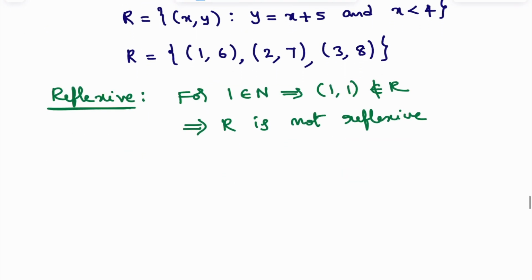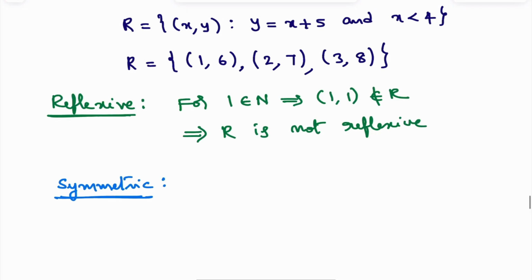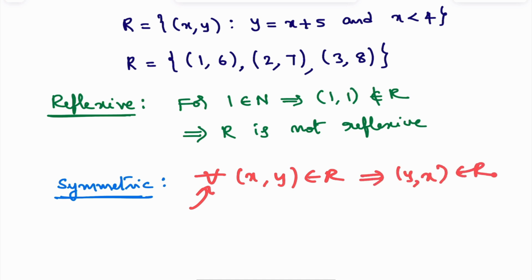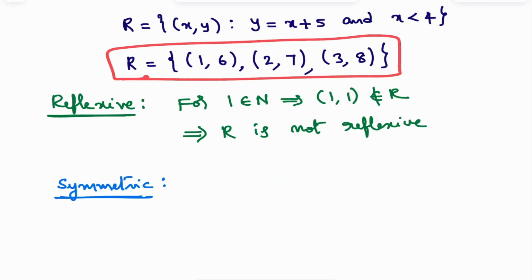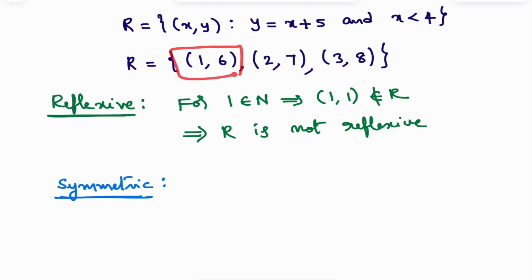Now, I'll check the symmetric condition. What is the symmetric definition? For every ordered pair x comma y in the relation, you need to check whether y comma x is also there in the relation or not. I am checking whether this relation is symmetric or not. First, take one ordered pair, 1 comma 6. Yes, 1 comma 6 is there in this relation.